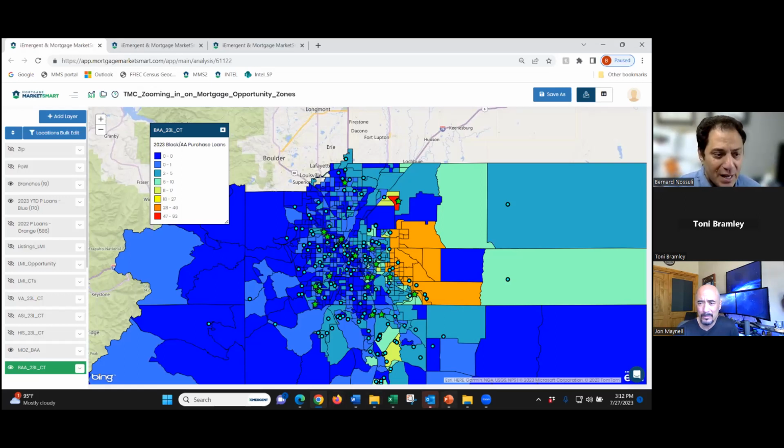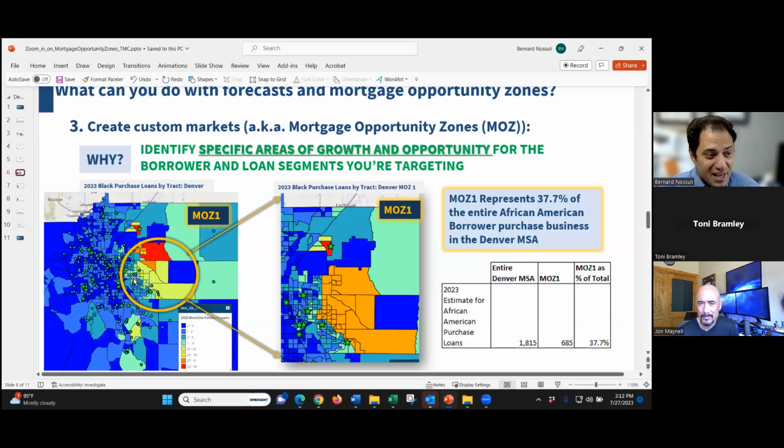And so now I go back to our slide. Again, we just saw that was the area where there was a gap in coverage for this segment. And so in fact, we're going to create this MOZ, this mortgage opportunity zone, this orange.